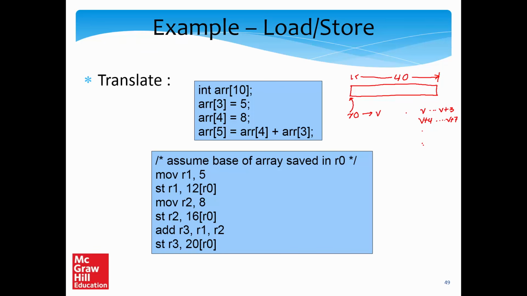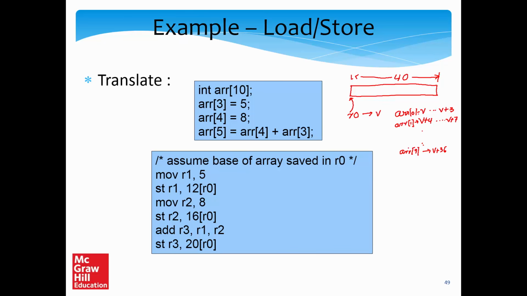So the starting address of array element 0 is V, the starting address of the next entry is V plus 4, and so on. Similarly, the starting address of the ninth entry, the last entry in the array where we start counting from 0, is V plus 36.